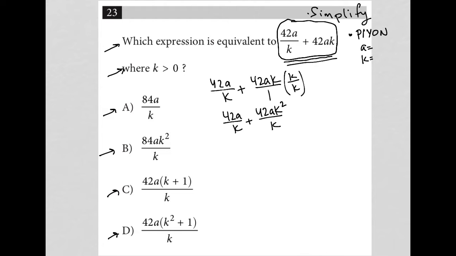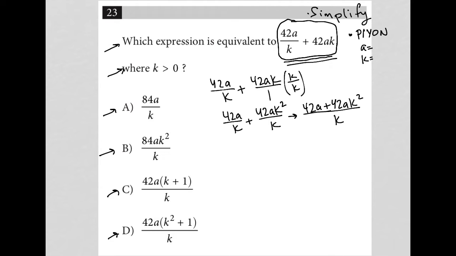Now that they have common denominators, I can just add them together by combining the numerators and keeping the denominator the same. So my new numerator will be 42a plus 42ak squared, all over k.